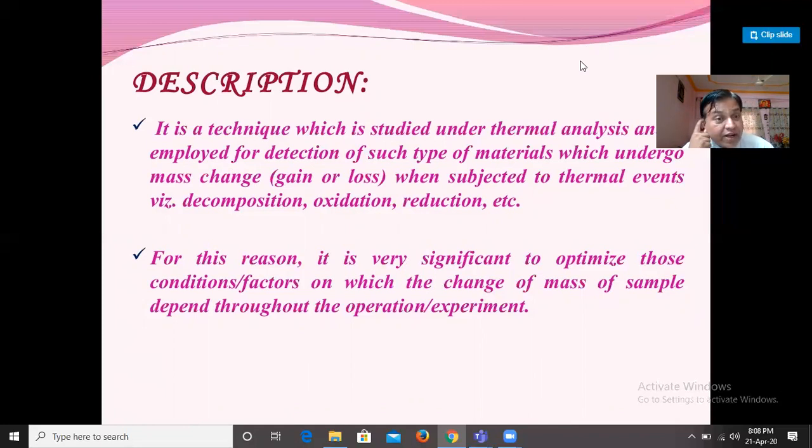Here, friends, we employ only substances which have the property to change after being subjected to temperature or heat, and that change we measure. For this reason, it is very significant to optimize those condition factors on which the change of mass of the sample depends throughout the experiment.